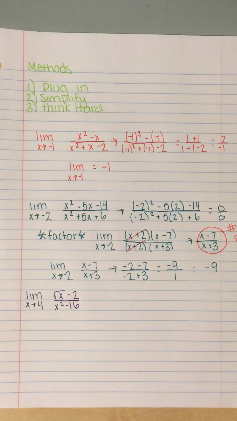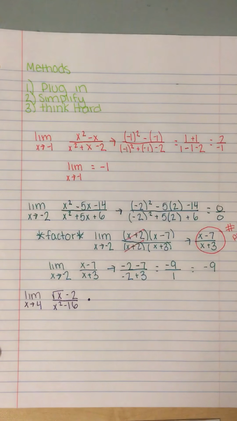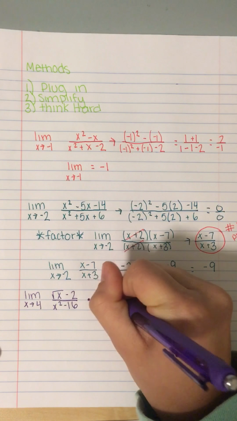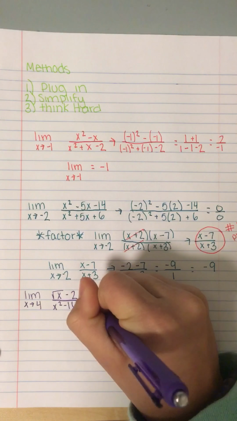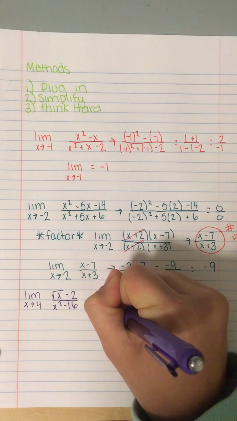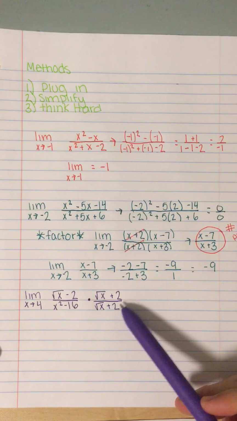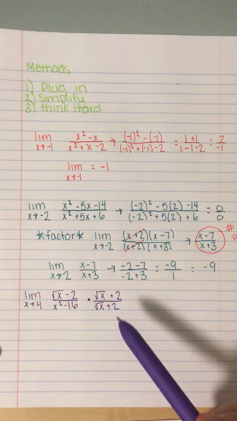With this, what we're going to do is multiply by what's called the conjugate. So we're going to multiply by the conjugate, which is going to be the square root of x plus 2 over the square root of x plus 2. The reason why we multiply it by the same thing over the same thing is because you have to multiply it by 1.